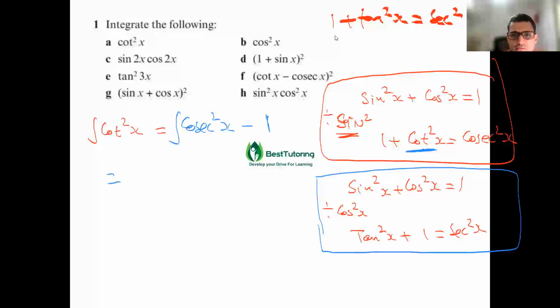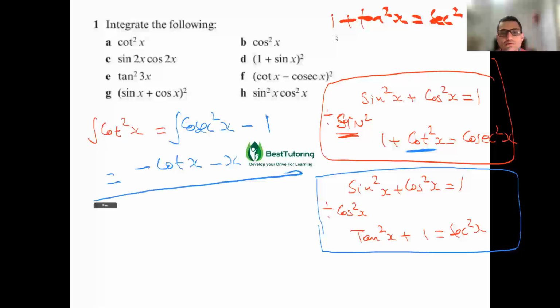Kaya, do you remember what the integration of cosec square x is? Minus cot x. And what is the integration of 1, Kaya? X. Plus c, sorry. I was thinking you were going to say 0 there. So plus c, that is the answer. Make a note of that one, guys, please.